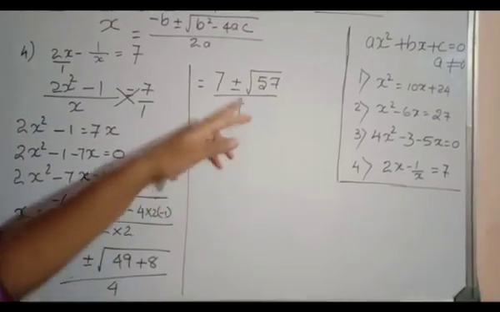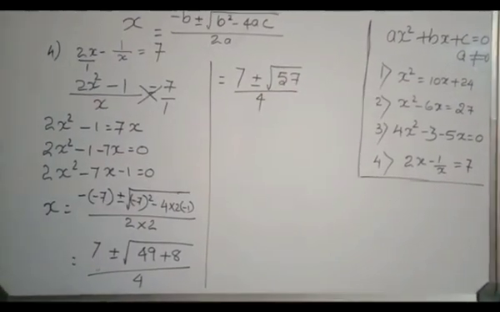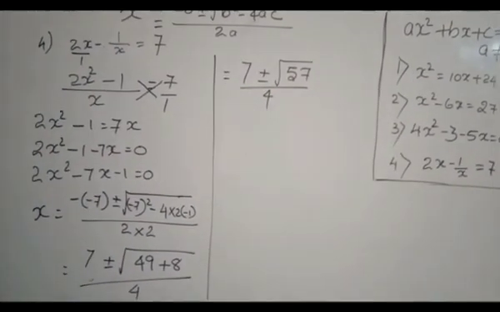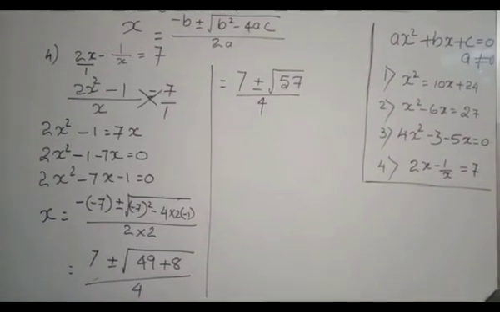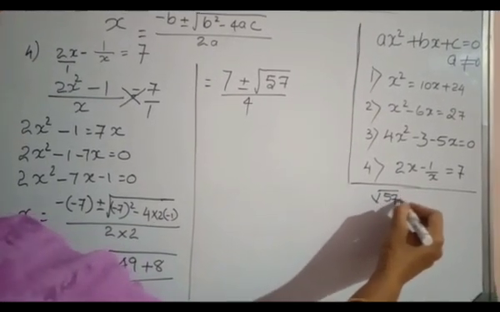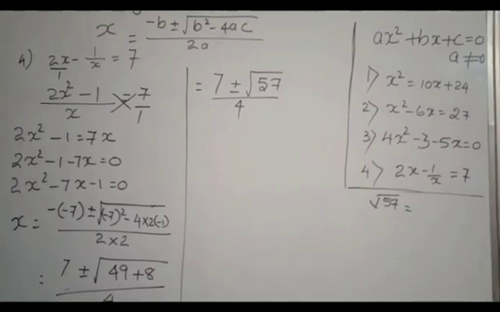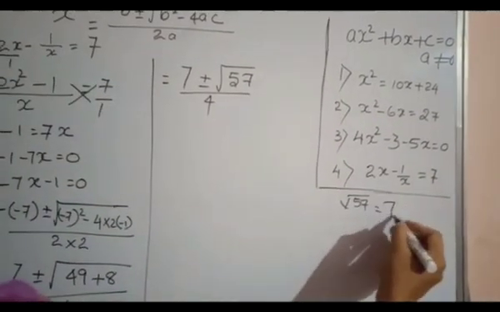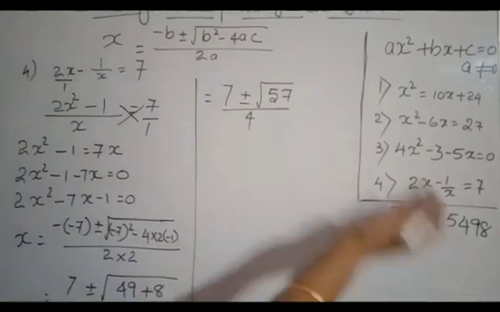As I have told you, this is also not a perfect square. You need to find the square root by using a square root table or by the division method. And the square root of 57 is 7.5498. Substitute that value here.